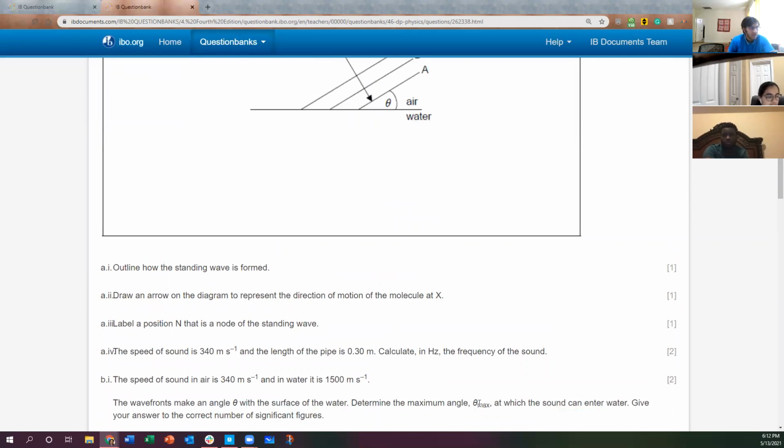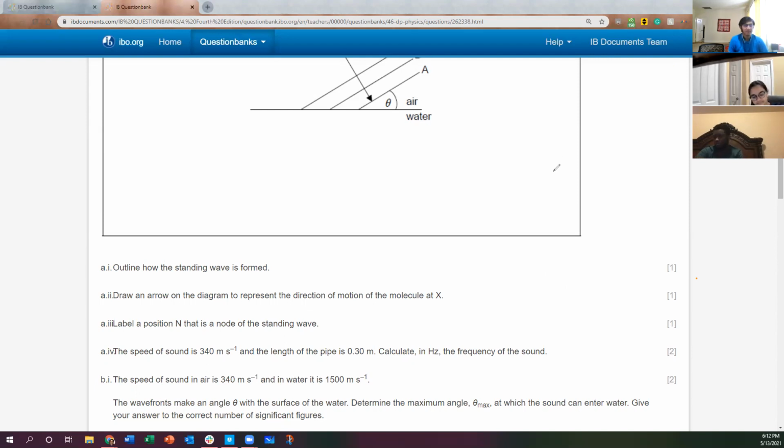Okay. The maximum angle theta max at which the sound can enter the wave. Okay, what does that mean? So that should make you think of critical angle, right?